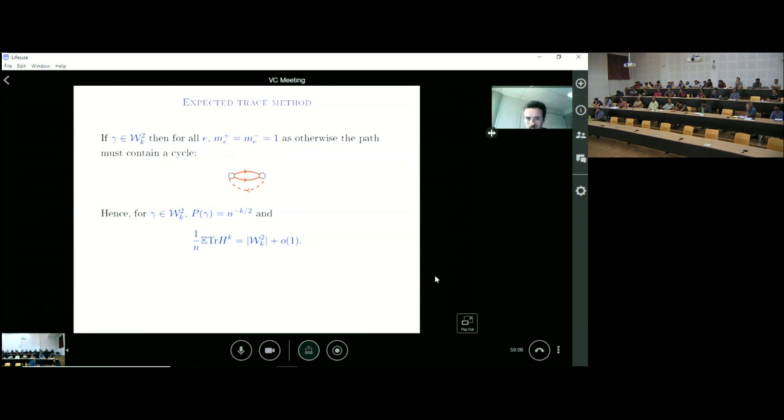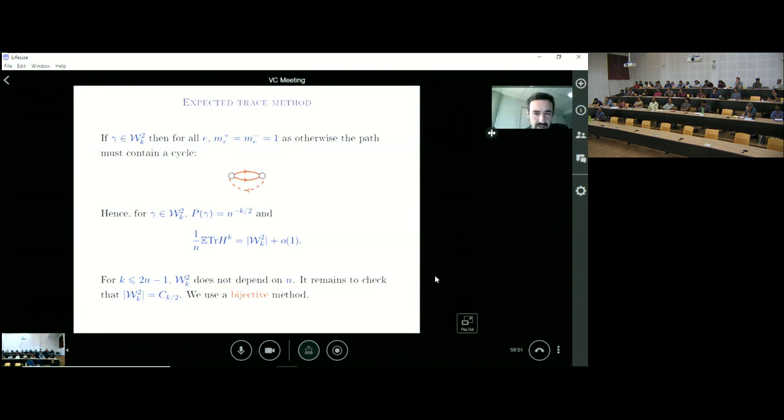So overall, we have checked that the normalized moment is simply the number of these unlabeled paths which visit each edge exactly twice, and such that the corresponding graph is a tree. Okay, so this set does not depend on n, at least when n is larger than k, because the vertices are unlabeled.